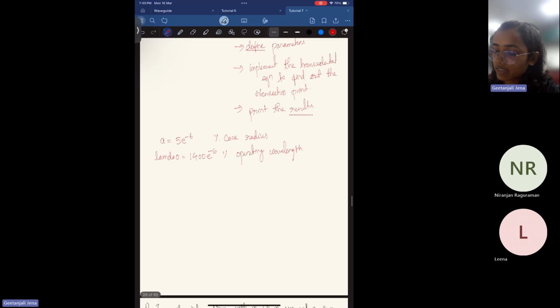Next, we have the refractive index of core, which is 1.5. This is core refractive index. And n2 we have 1.48, which is cladding refractive index.